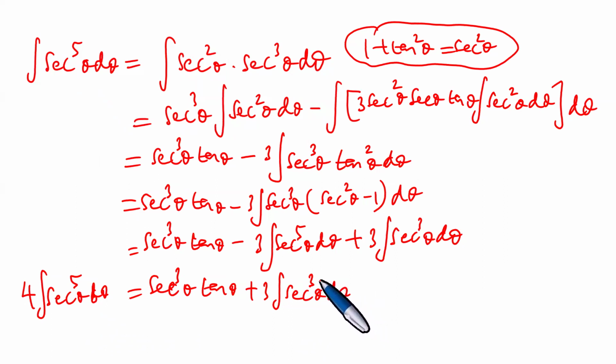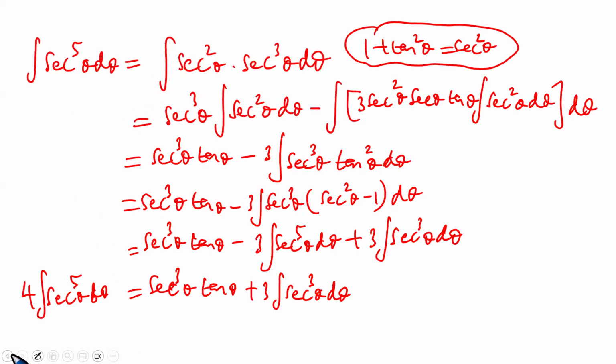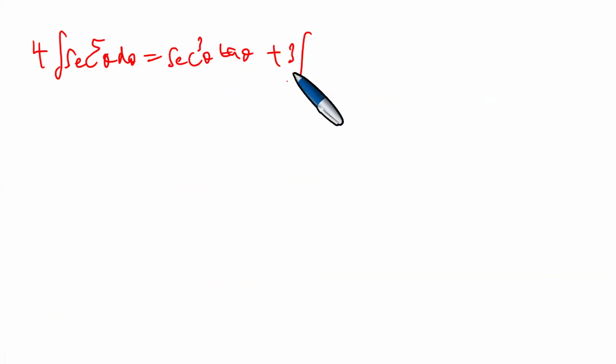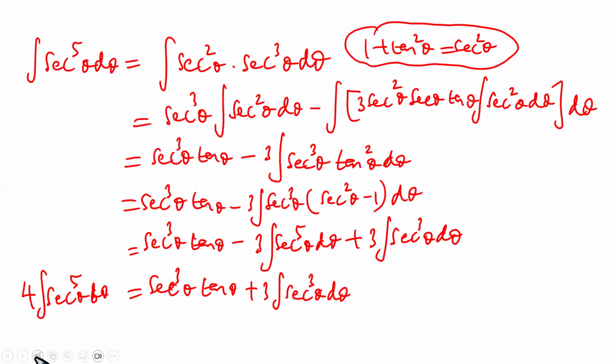Right, and with this mentioned, what are we able to achieve here? What we're able to achieve is the fact that we've already got the secant cubed. So we've got that 4 times the integral of the secant to the 5th power of theta d theta equals secant cubed theta tan theta, plus 3 times the integral of the secant cubed.